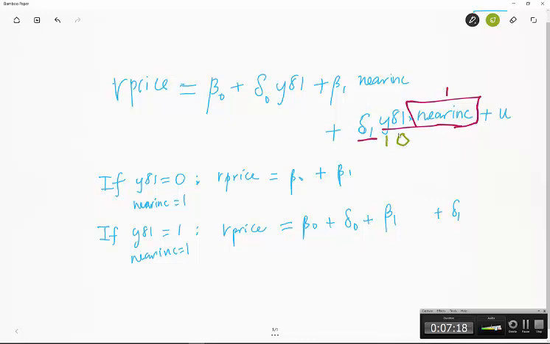If it is 1, then you have this value, right? So that means that this delta here captures the change in the prices of the houses that are near the incinerator from 1978 to 1981. Okay, that's it.